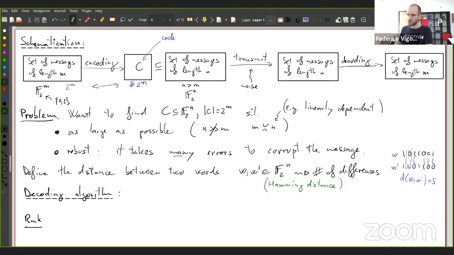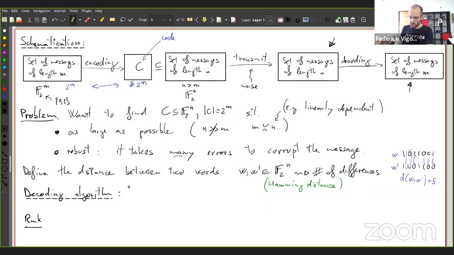And why did I introduce a metric on the set of messages? Because we have a natural decoding algorithm. Once you receive a message, you are in here, and you want to get an element of a message of length m.